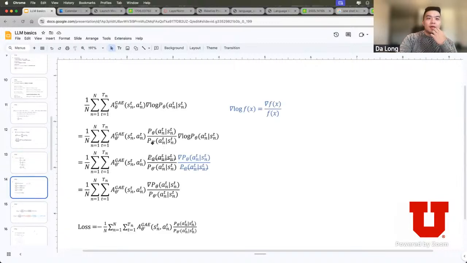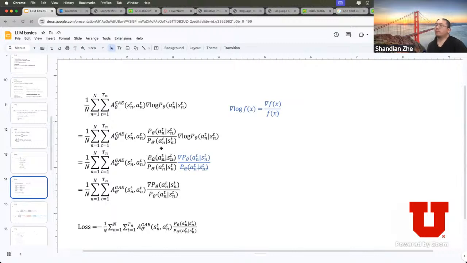This p theta prime is also updated during training, but the updates are delayed. We always update theta, but theta prime we only update after a few iterations. It's not updated in every iteration. Oh, okay.